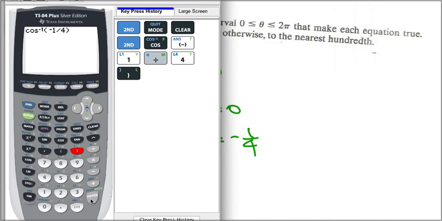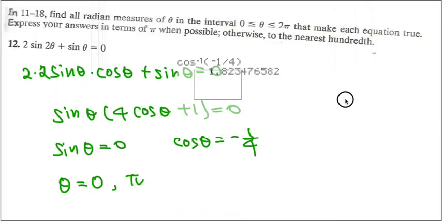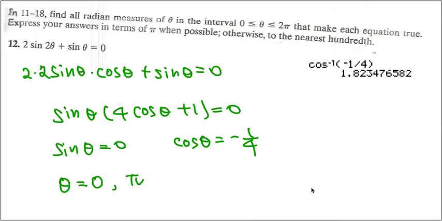I believe it is in radian mode, so there it goes. That's basically what we have, which is 1.82. Now, 1.82 is a bit more than pi over 2, which is around 1.5. So this is the value in the second quadrant.